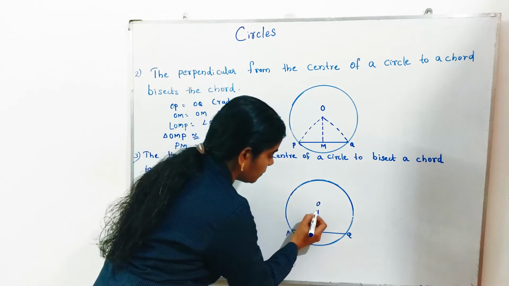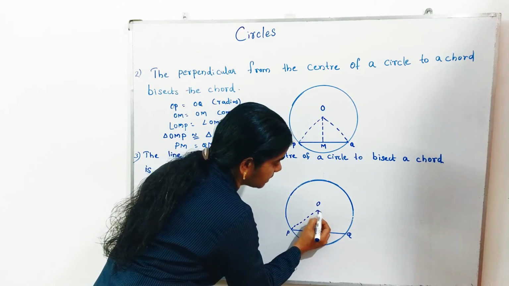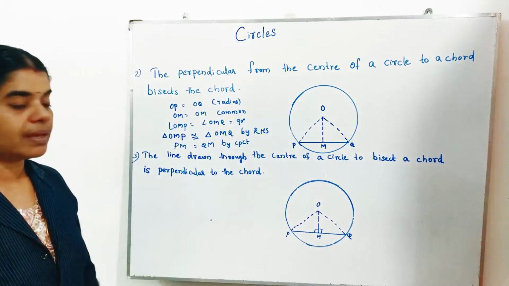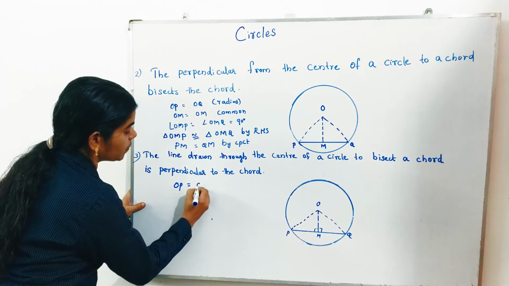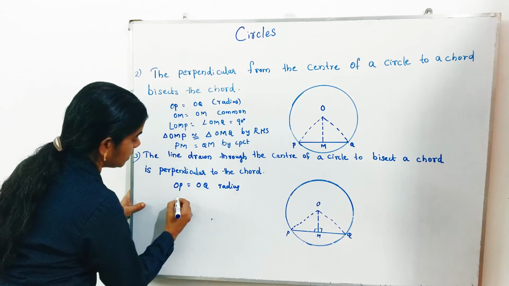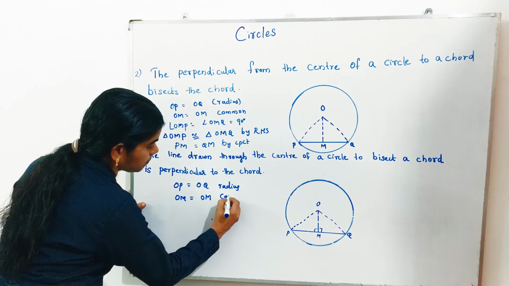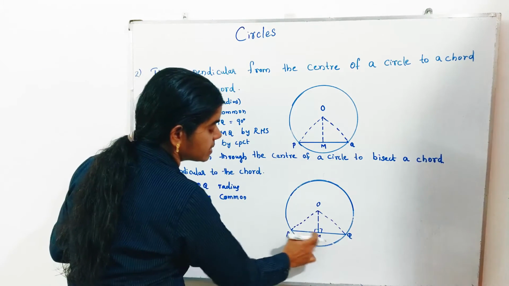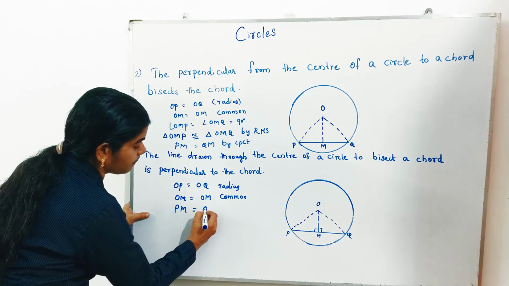For this also we can join OP and OQ. Then in triangles OMP and OMQ we can write that OP is equal to OQ, radius of the circle. Then OM is equal to OM, common. Then here they already told that this line bisects the chord, so we can write PM is equal to QM.